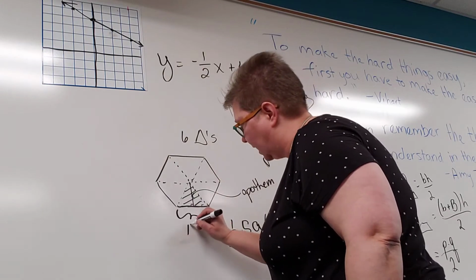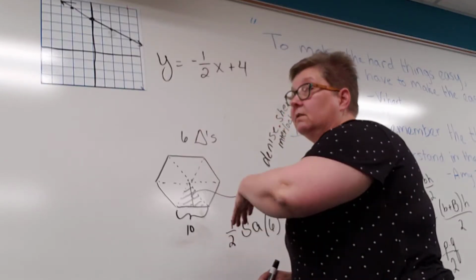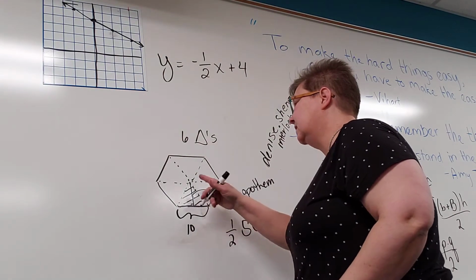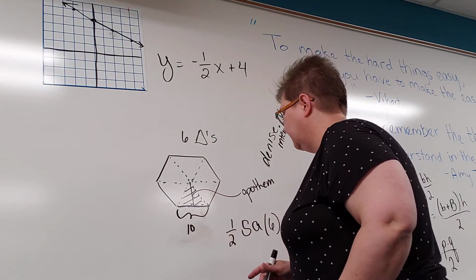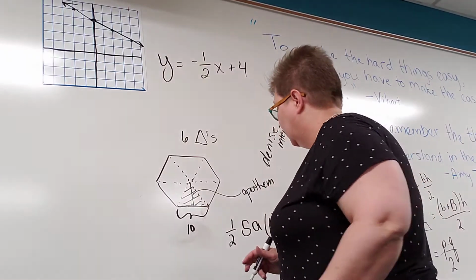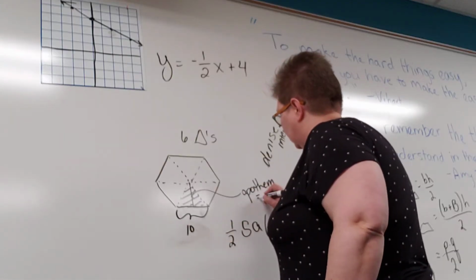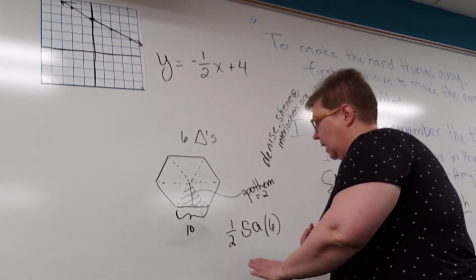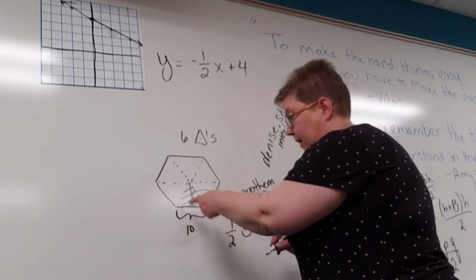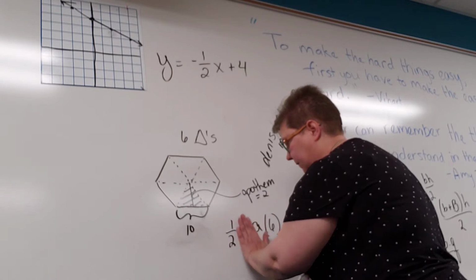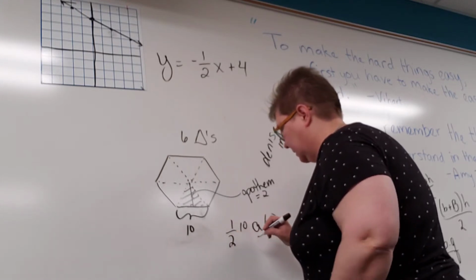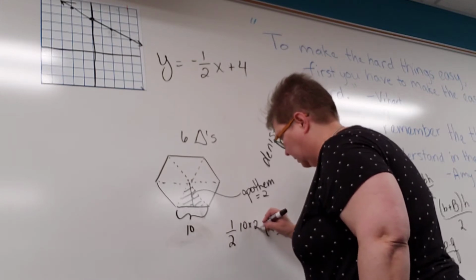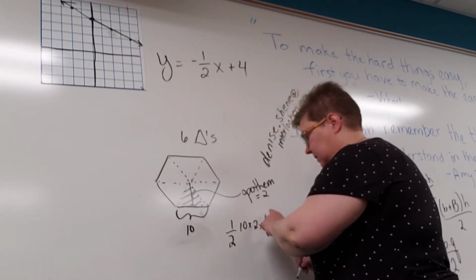So let's give this a number so that we're not just doing things randomly here. Let's say that this side is 10. All the sides of this hexagon are 10. And let's say that the length of this apothem is 2. Then the area is 1/2 times 10 times 2 times 6.